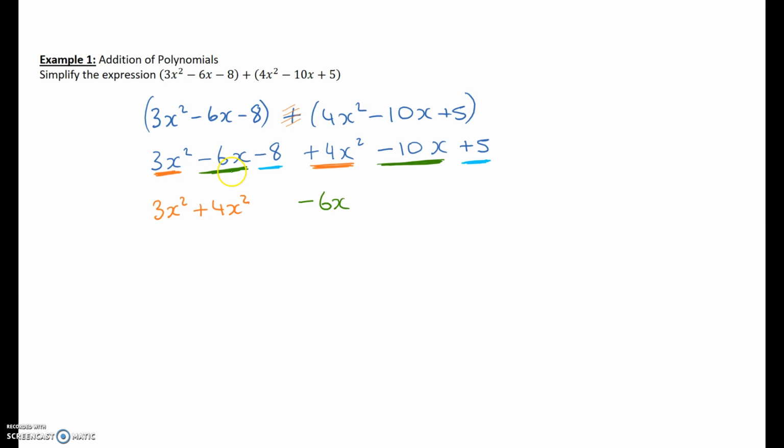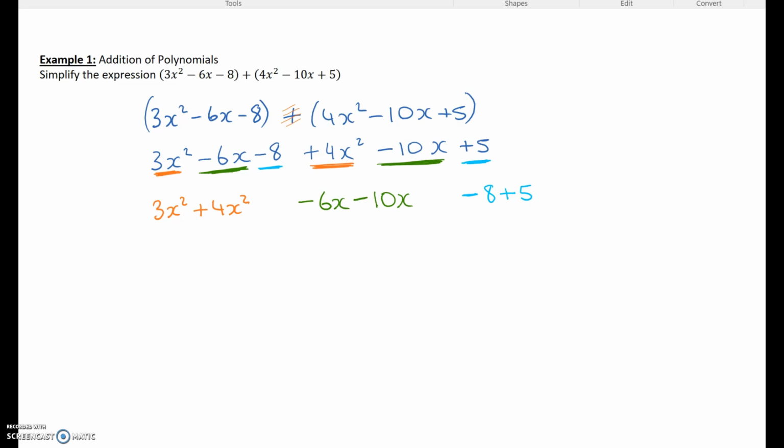So we can't take 6x, we have to take negative 6x, because it had a negative in front of it. And then the other x term is negative 10x. And then we'll move on to the ordinary regular numbers. First of those is negative 8, and then plus 5. Okay, so hopefully you understand that.